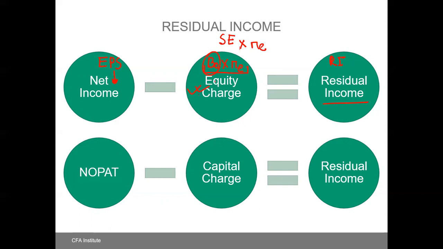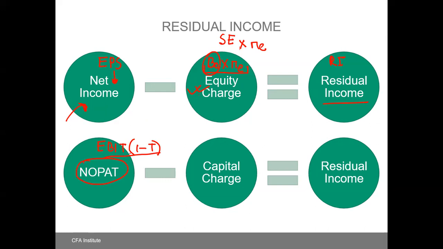Alternatively, the previous picture is from the equity holders' perspective only. But if we think from the big picture, we start with the EBIT, and if we subtract the tax, what is it? EBIT after tax, or the net operating profit after tax.